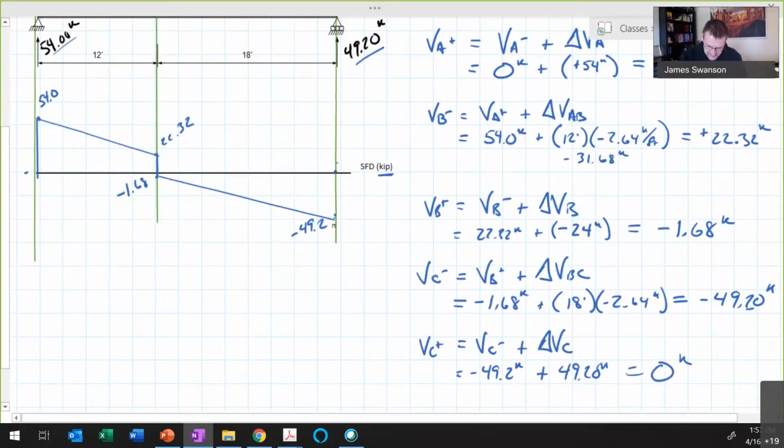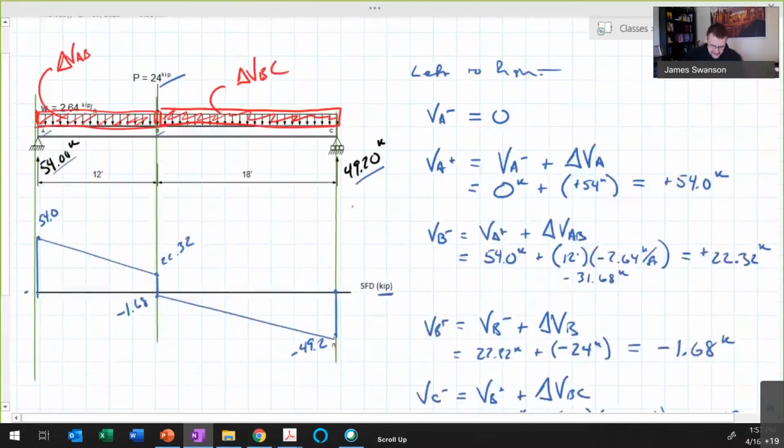So we go back to 0 there, and we would say that our shear force diagram closes. So again, if the shear force diagram doesn't close, then you've made a mistake either in solving for your reactions or you made a mistake in drawing the shear force diagram.